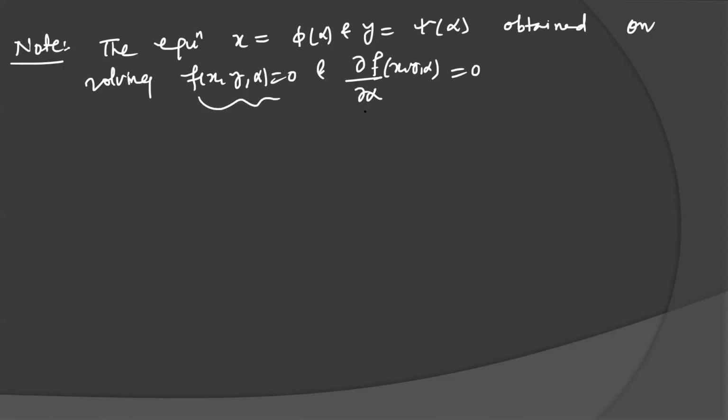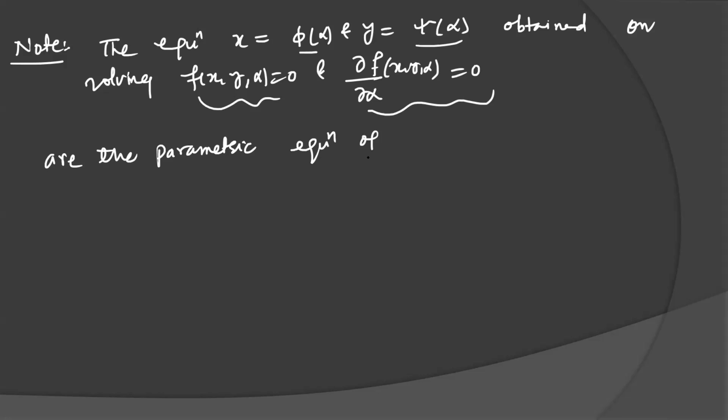If we solve these two equations and we get x equal to phi alpha and y equal to psi alpha, and we are not able to eliminate alpha, then we write these are the parametric equation of the envelope, and alpha is parameter. If we are not able to eliminate alpha, we will write the parametric equation of the envelope.